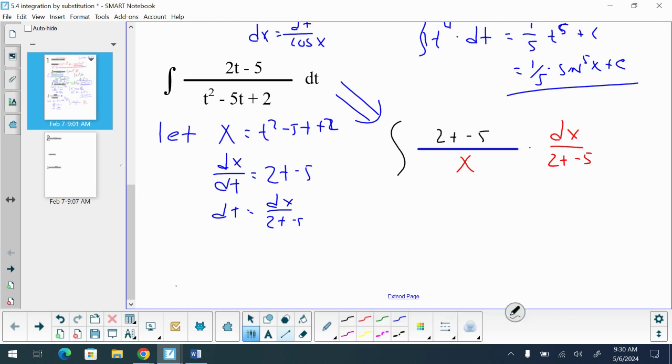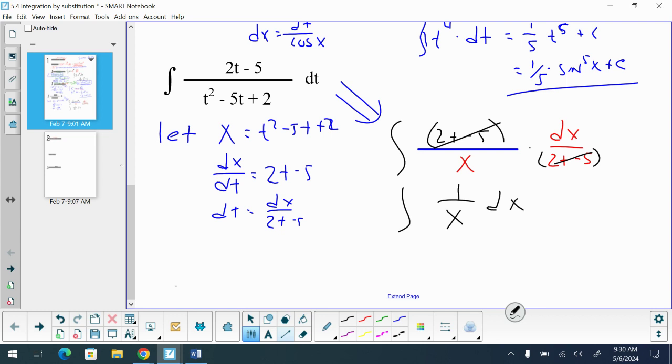What happens nicely is the 2t minus 5s cancel off for us. So we're left with the antiderivative of 1 over x dx.